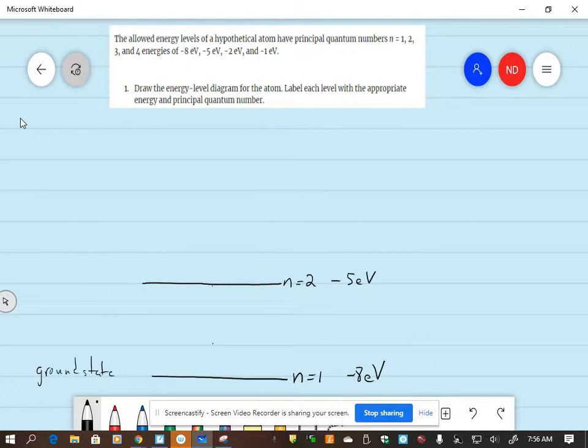The next one, n equals 3, is -2 electron volts. So I'm using the lines on the screen here as a scale. And then the next one will be n equals 4, -1 electron volts.